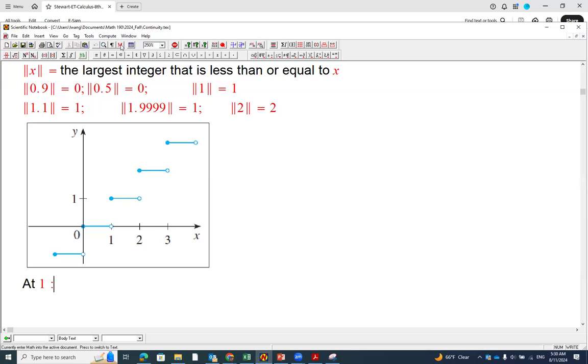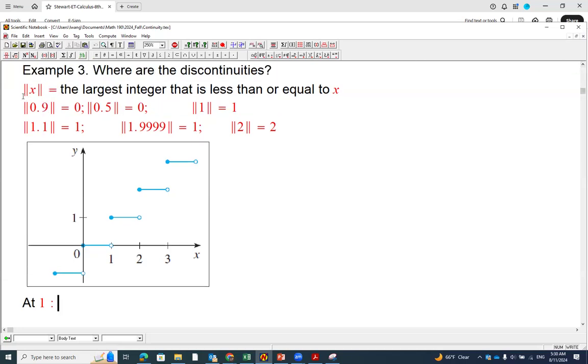Is the function defined? Obviously, at 1, f of 1 is equal to 1. It's defined.